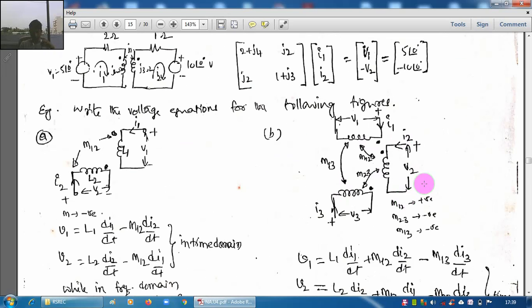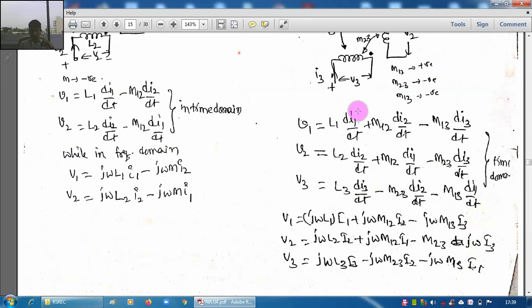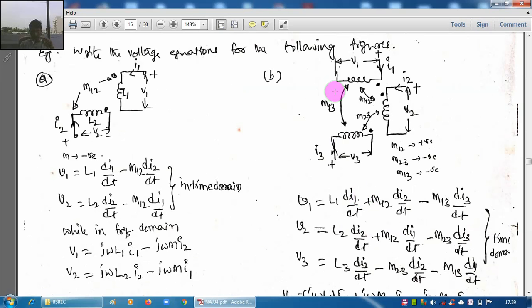You see here, for 3 coils also we can write the voltages in time domain, 3 voltage equations in time domain. The same equations in frequency domain, you can write like this. I will explain for one coil. For the remaining 2 coils you try. First coil, this is the coil.